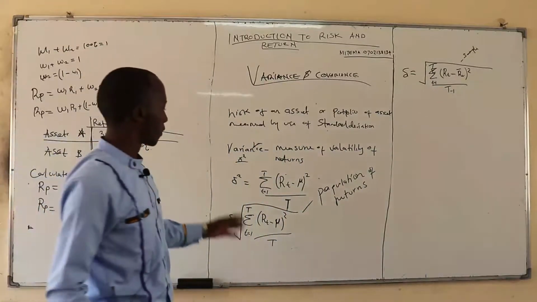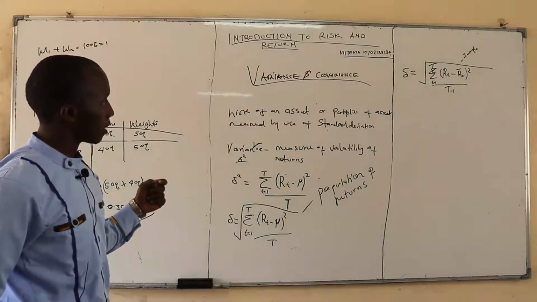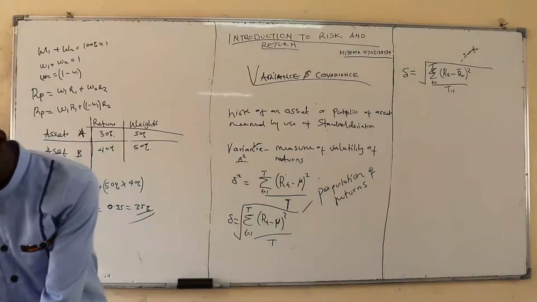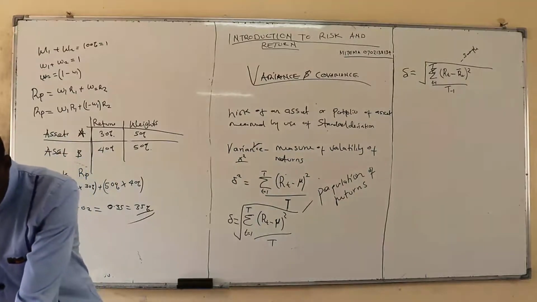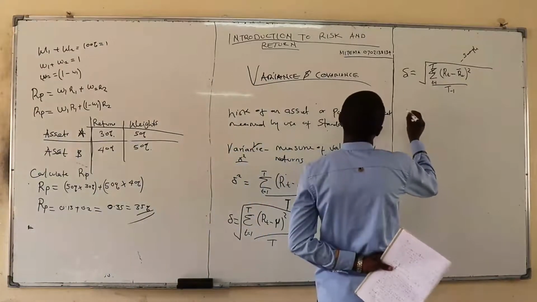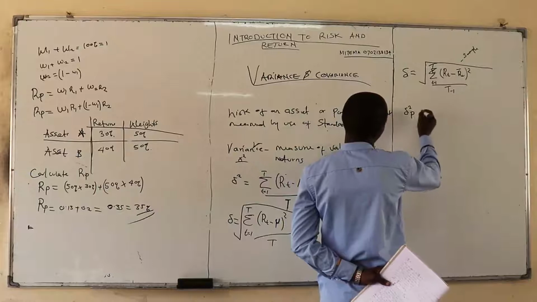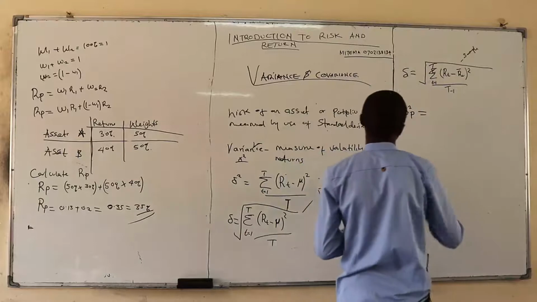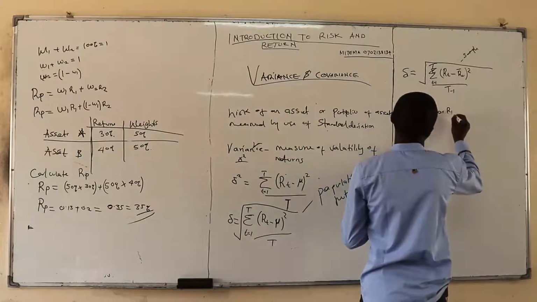Now, this is when you are finding the return of an asset. And what if it is a portfolio of assets and you have been asked to find the return of the portfolio? Not the return, but the risk of the portfolio of assets, which is equivalent to the variance of that portfolio.